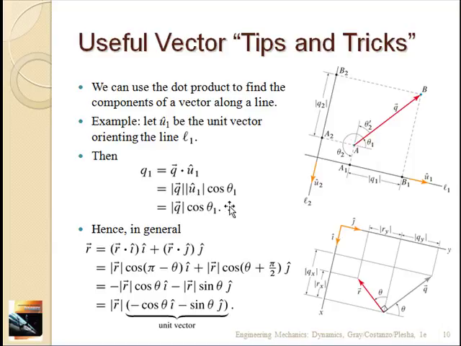And since u1 is a unit vector, it has magnitude of 1. So the projection of the q vector along the one axis, that is the component in the one direction, is the magnitude of q times the cosine of the angle between q and the one direction.